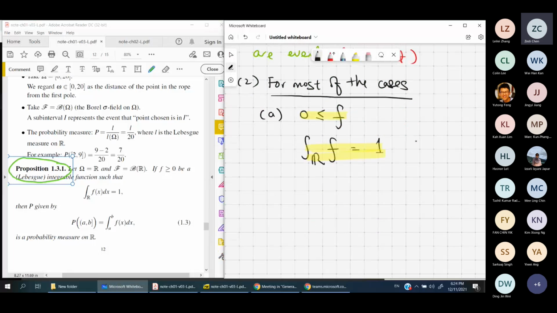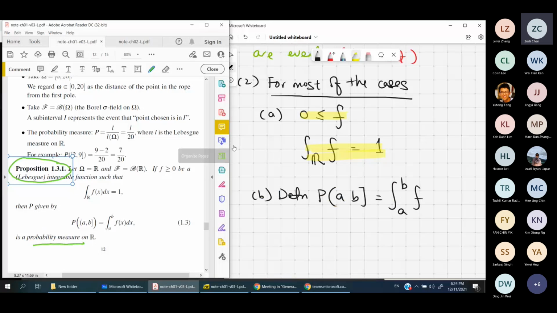When you have a function which fulfills these two conditions, the next thing we can do is construct P in this way: P of (a, b] is the integral of this function from a to b. In this case, this P must be a probability measure on R.